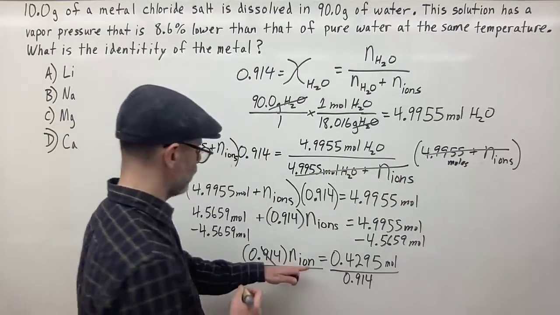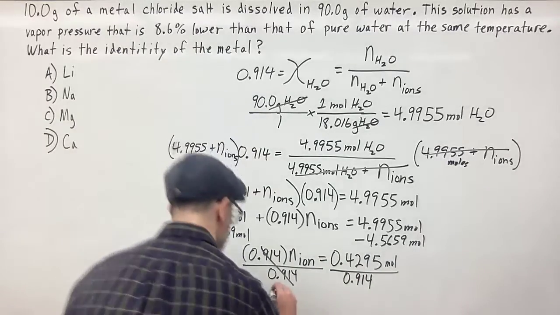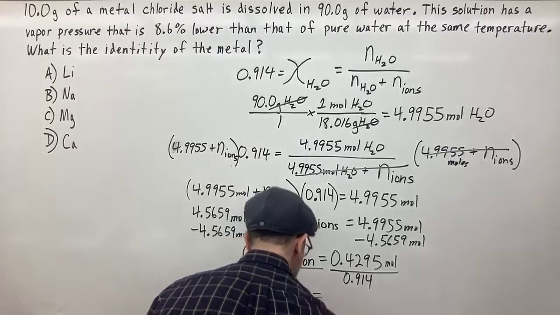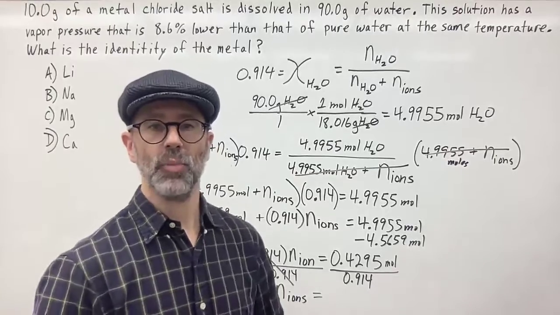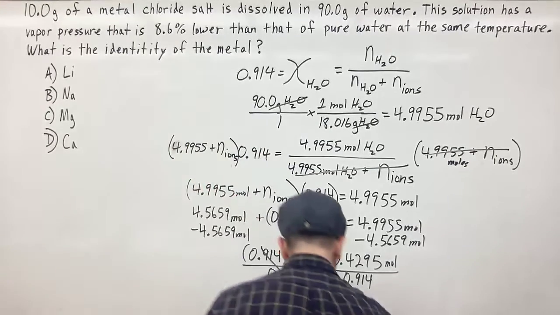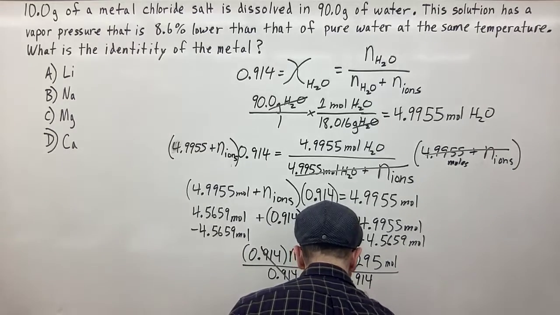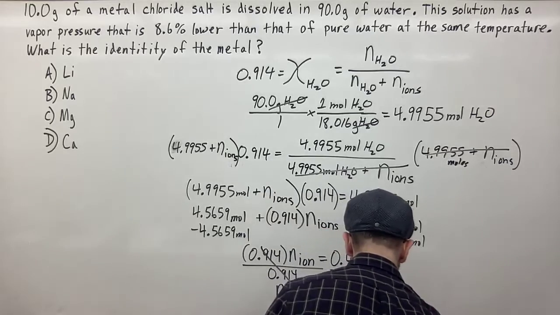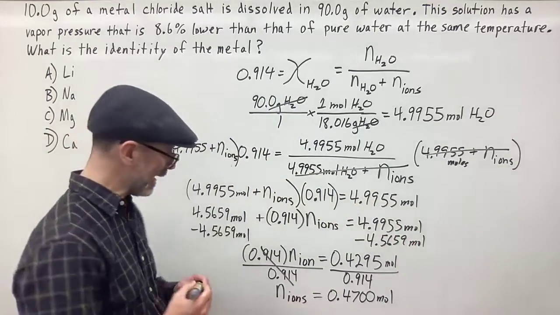And I end up with the number of moles of ions is equal to, what do I get? 0.4700 moles is what I got. And these are the moles of the ions.